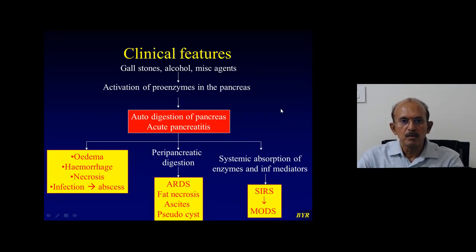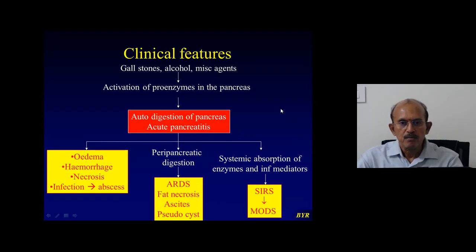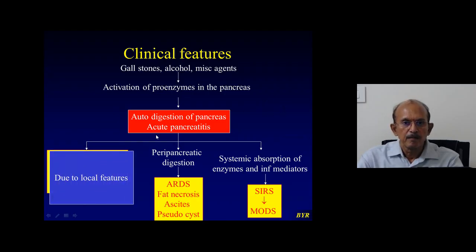So now this is about pathophysiology. Because we have some more time, I will discuss the clinical features also. Due to local features, patient will have some symptoms and signs.